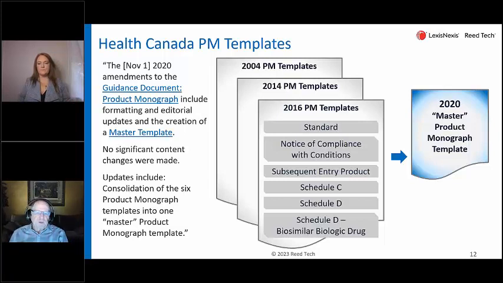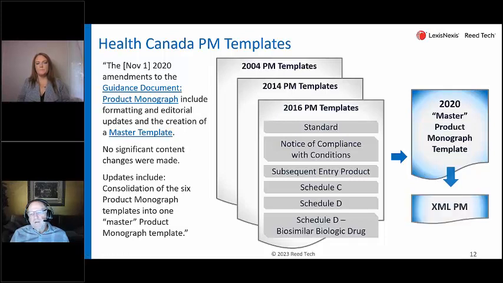So if you've even been submitting PDF format, you'll be using this 2020 master template. But it's very significant because that was able to facilitate the use of a standardized template, and then they could write instructions, say, this is how you take that content and put it into XML product monograph.